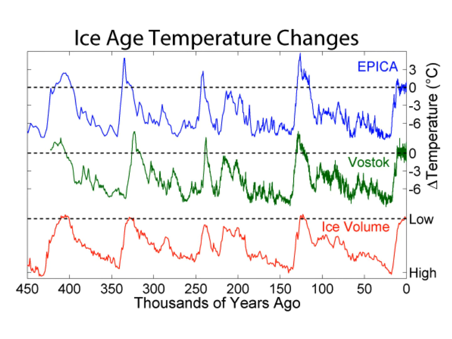So here is a reconstruction of past global temperatures based on the ice core retrieved from Vostok. The top graph shows us relative temperature change.